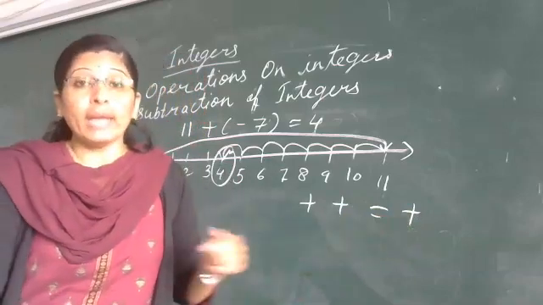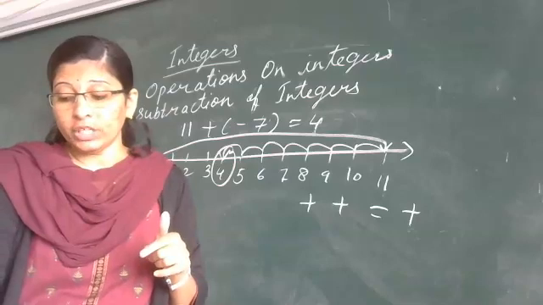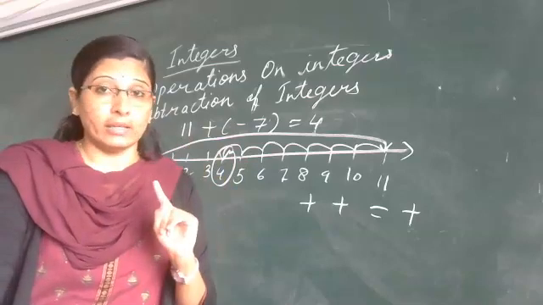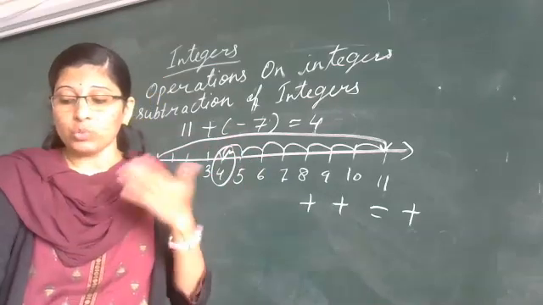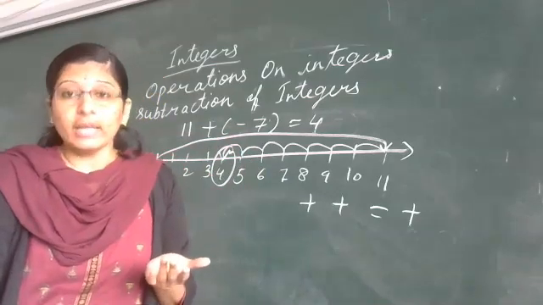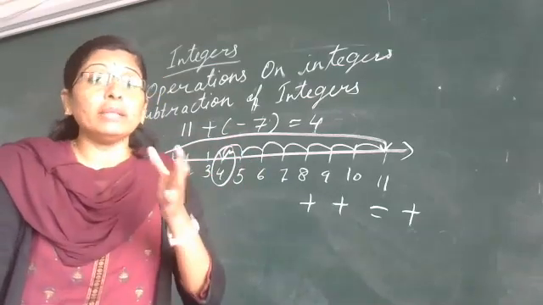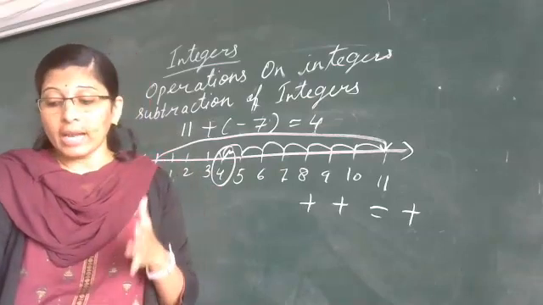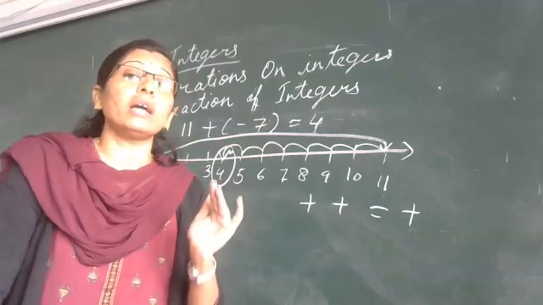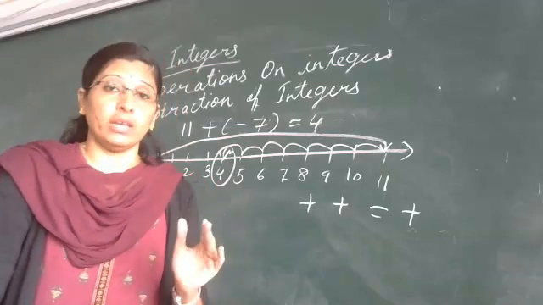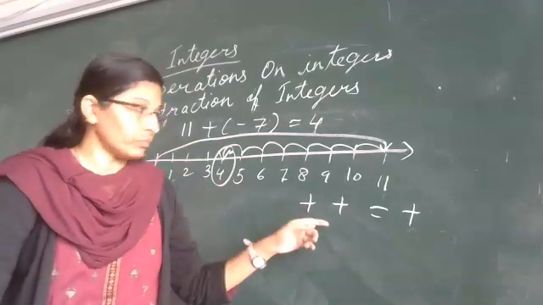But for two integers with unlike signs, if one is plus and one is minus, then the answer will be the difference of their absolute values with the sign which the greater number is having. Okay?